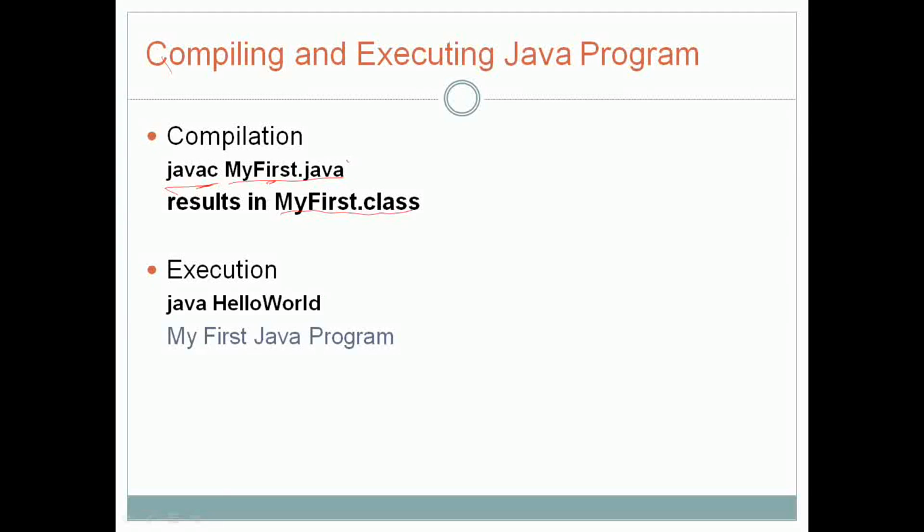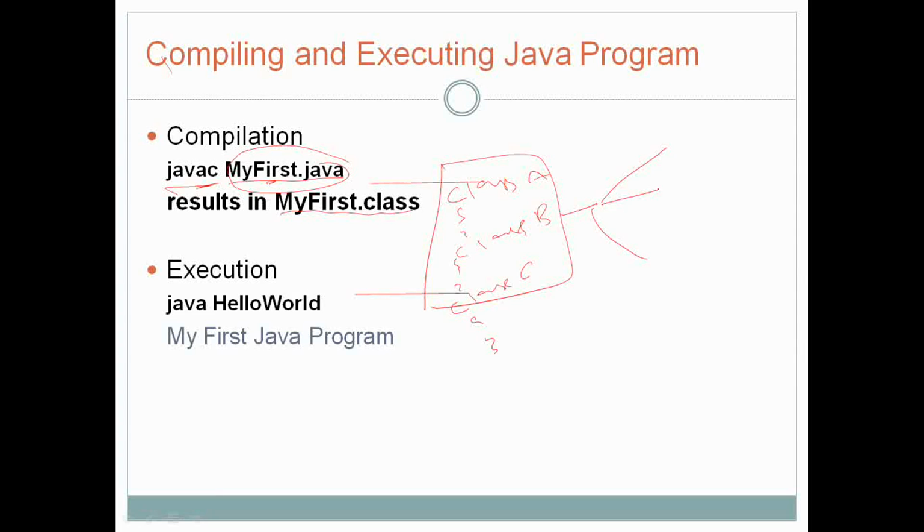For every class in a Java program, the compiler generates a .class file. Suppose this is my program, and it has three classes: class A, class B, and class C. If I compile this program, the Java compiler generates three class files: A.class, B.class, and C.class.